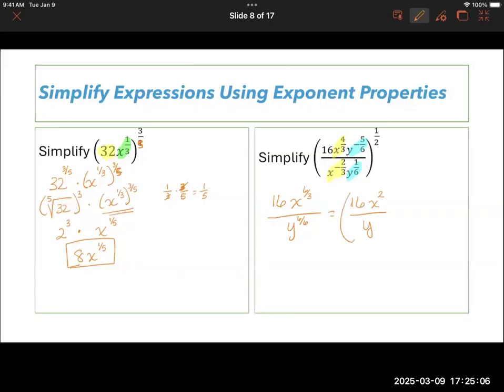Now remember, all of that is still being taken to the 1/2 power. Okay, so now we take 16 to the 1/2 power. We take x squared to the 1/2 power. And we take y to the 1/2 power. So the 1/2 power is really just saying square root.